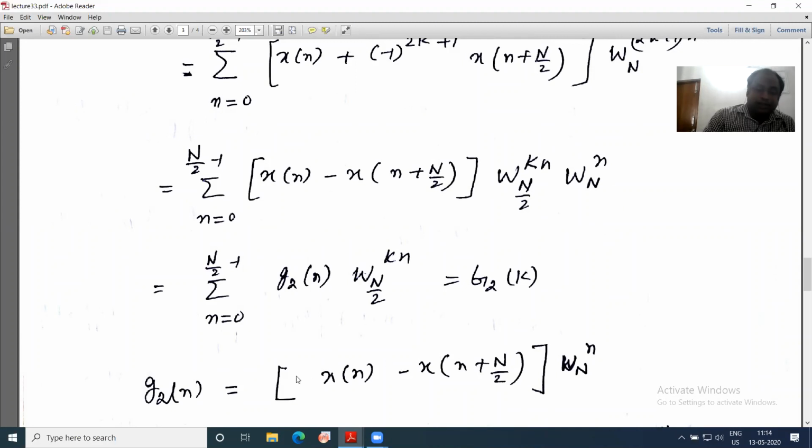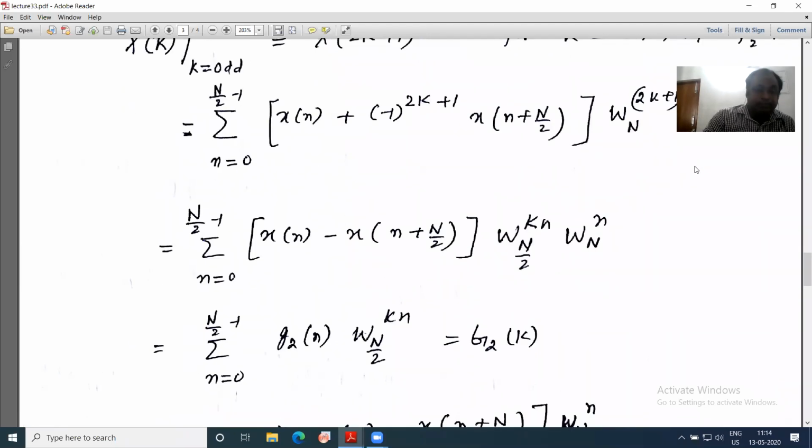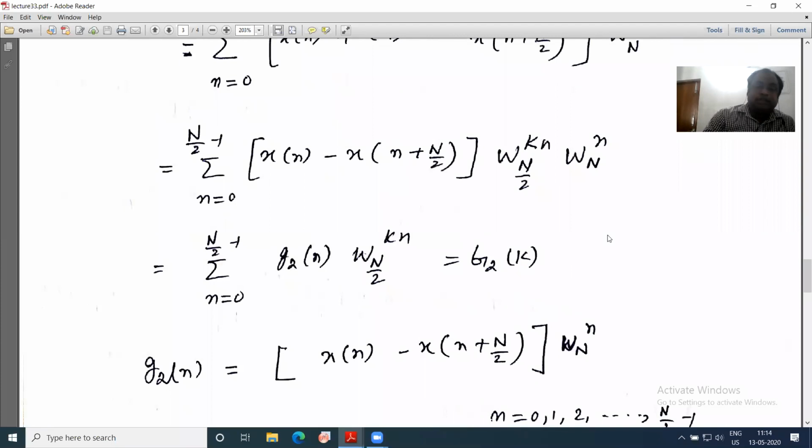A point to be noted is that g2 of n will be x of n minus x of n plus n by 2 into wnn, and this is wn by 2 to kn. This term corresponds to wn by 2 to kn.